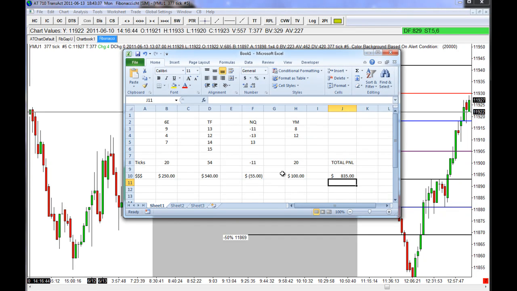So the total P&L would be $835, trading just one contract minus commissions. Okay, but again, this is without a rule that determines what's the minimum and maximum distance between pivots.